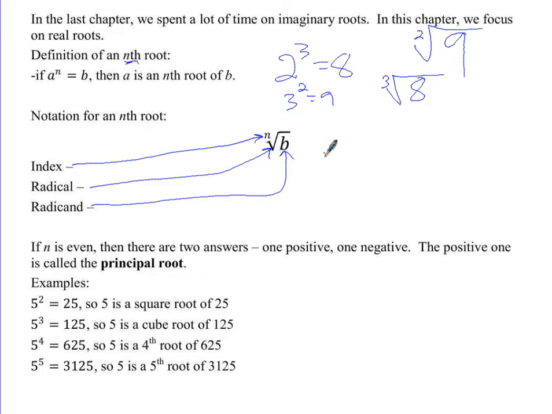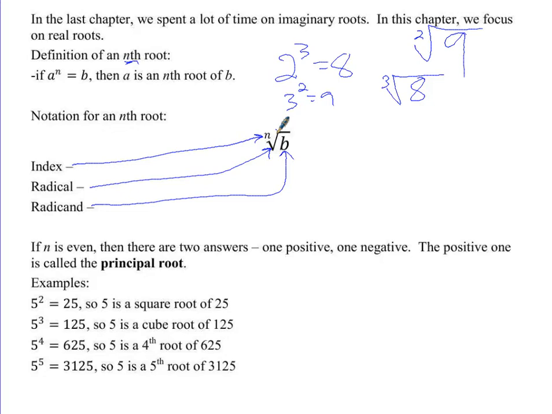Previously, until before today, the index of your radical was always 2 because you were always taking the square root of stuff when you saw that symbol. Now we're not going to be just taking the square root, so there's going to be a number sitting there. That number is the index. If you don't see that number, then what is the number? 2, because it's just a square root.